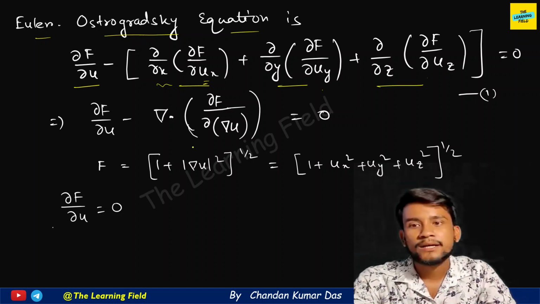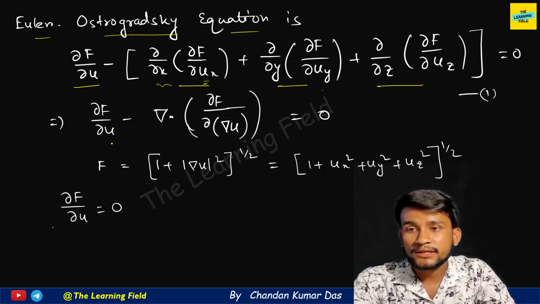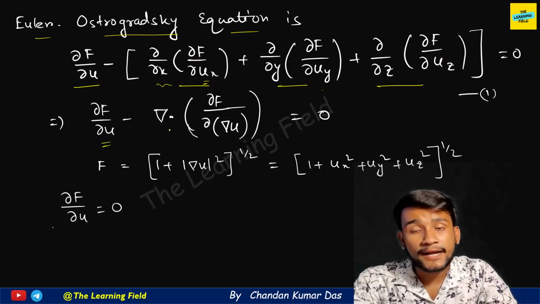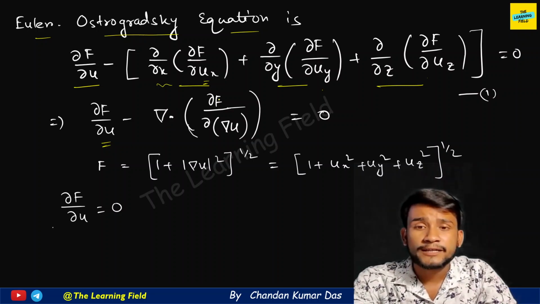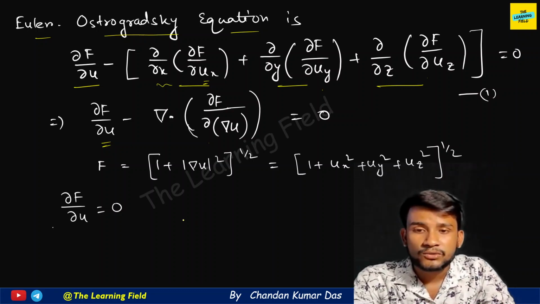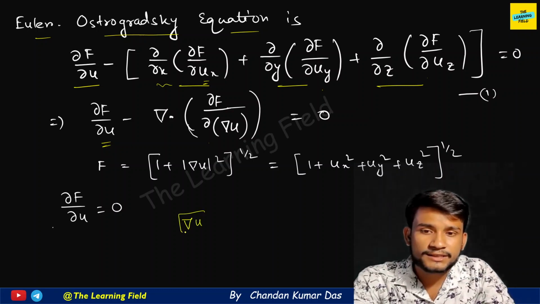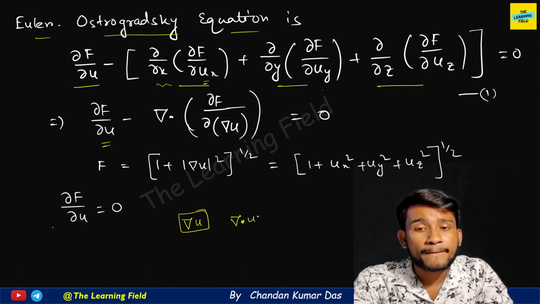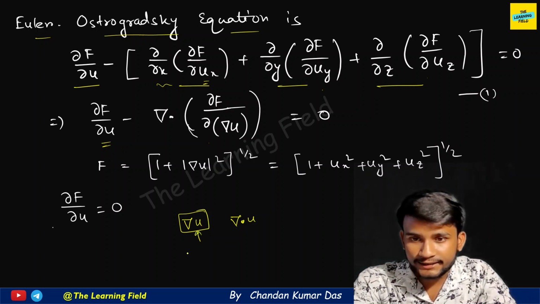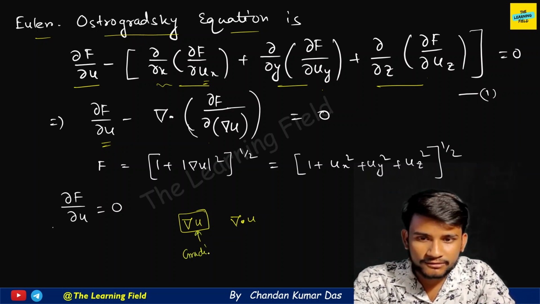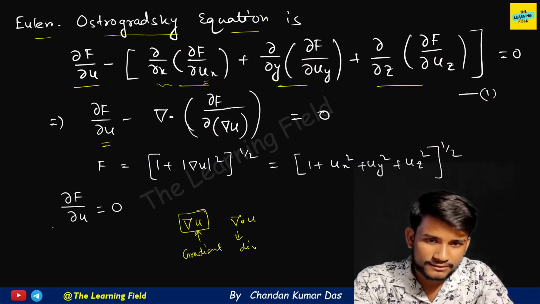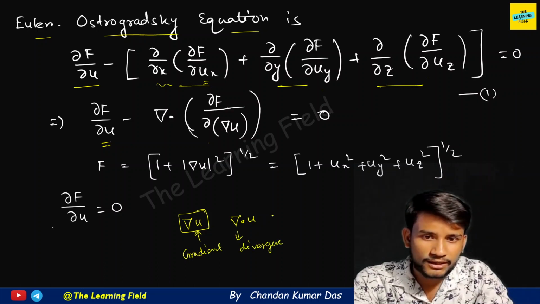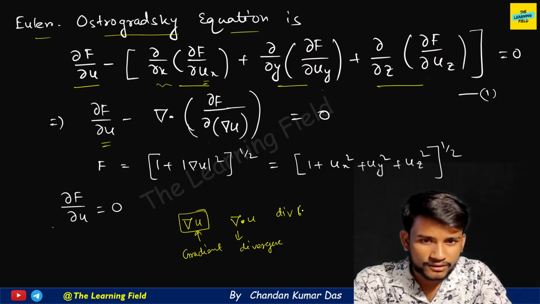In this equation we can write it in the form of del f del u minus the divergence of del f del grad u. This is the vector notation. See here, this is the gradient, and del dot u means this is the divergence in vector. We write this as div of u.